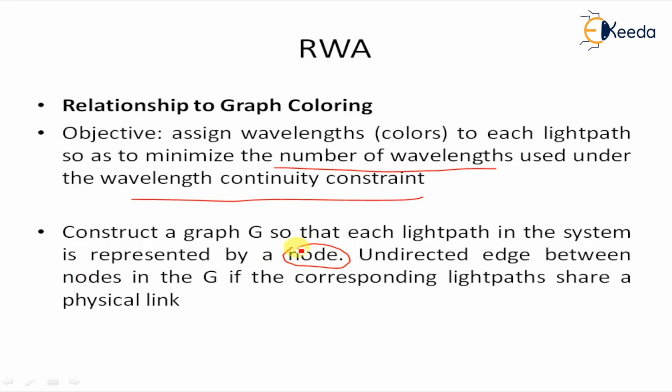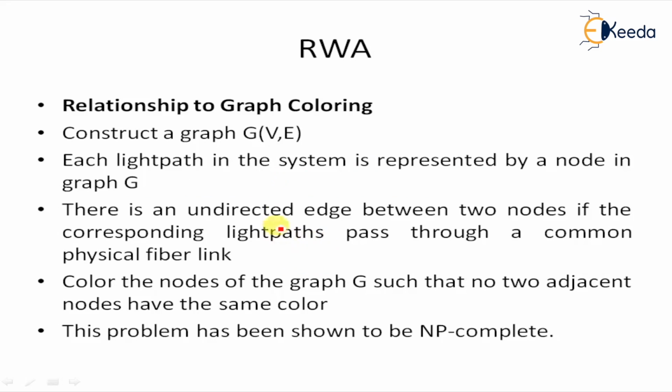An undirected edge between nodes in graph G exists if the corresponding light paths share a physical link, and we color the nodes in the graph G such that no two adjacent nodes have the same color, using graph coloring. So how to construct the graph?